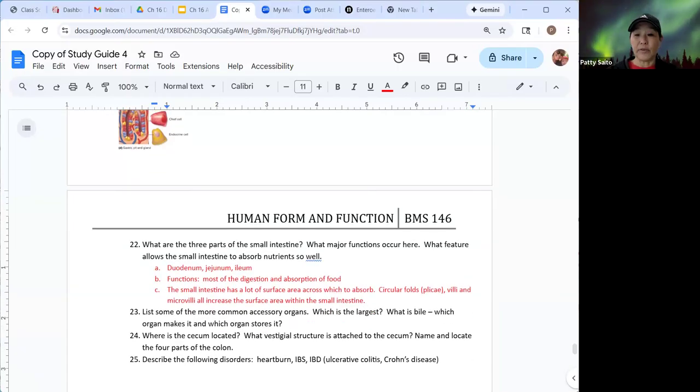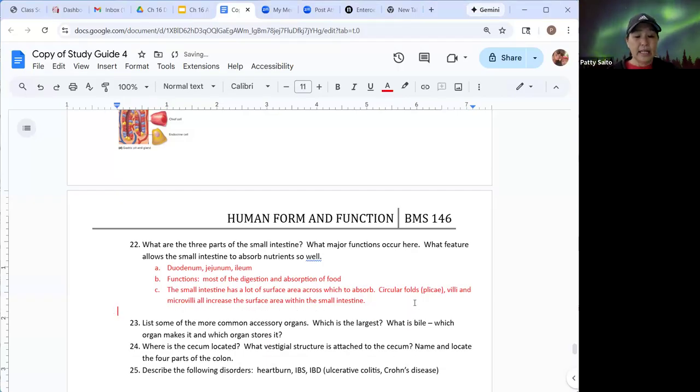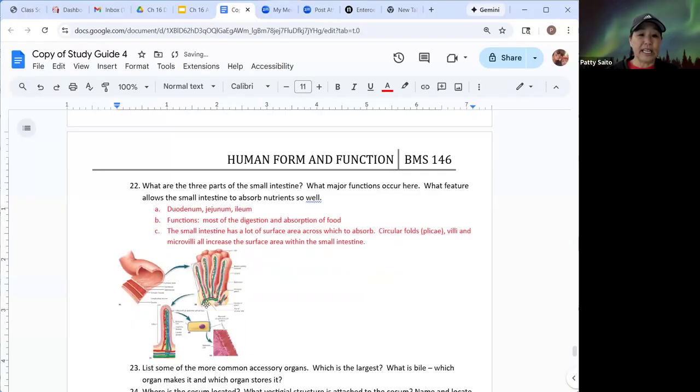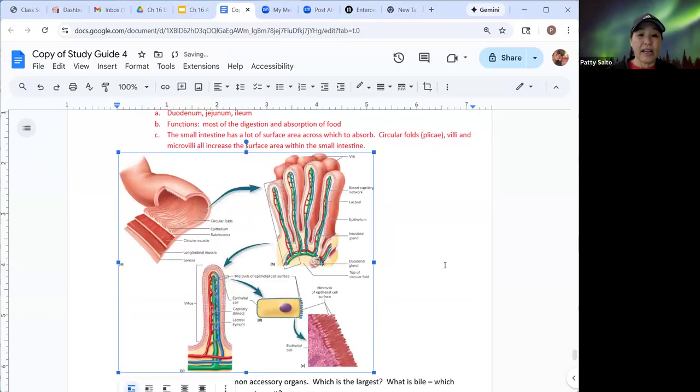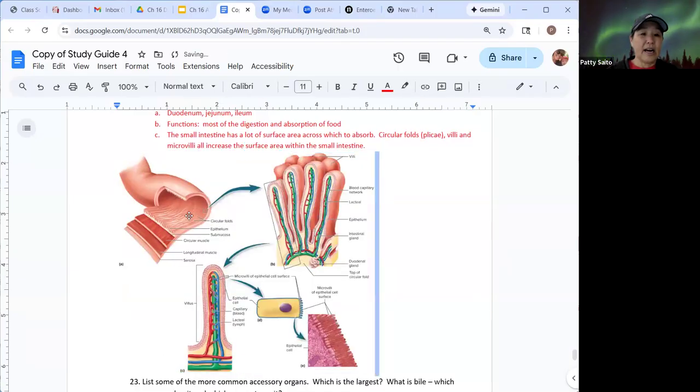There's a lot of surface area in the small intestine. I'm going to show you that. It is a surface area machine. So if we compare the surface area of a tube, if it was just a tube, it would have a certain amount of surface area.